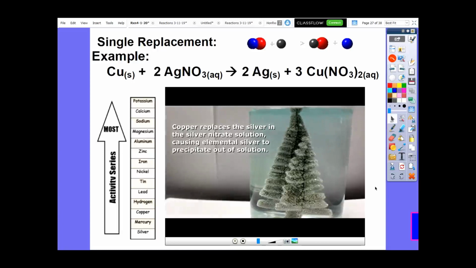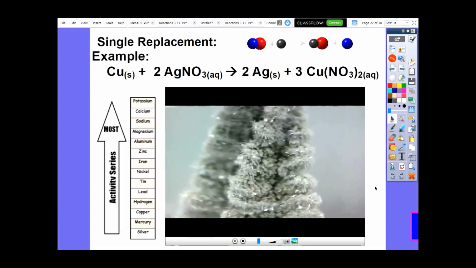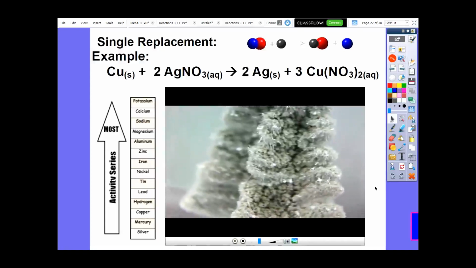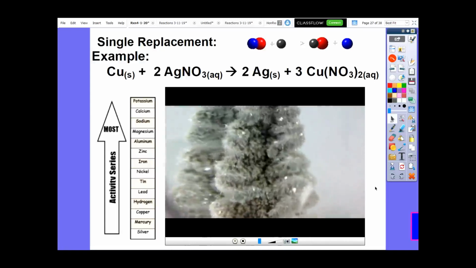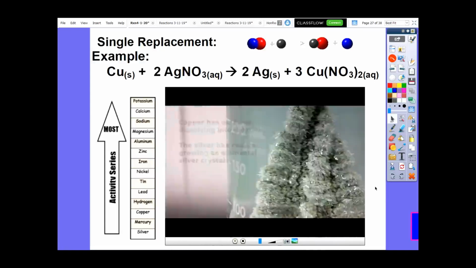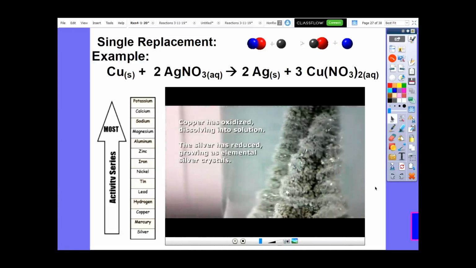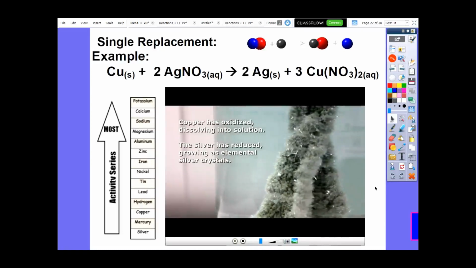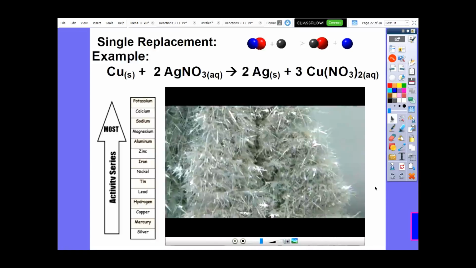And if you look at the solution, it's starting to turn blue. Copper nitrate is a blue solution, like from the penny demo yesterday. So the solution itself goes from kind of a grayish color to a bluish color. You don't need to worry about oxidation and reduction right now, what it's saying there.